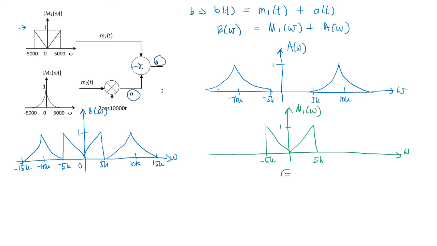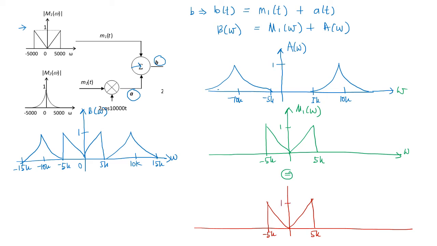So equal to, okay, 5k, negative 5k, the magnitude is 1.